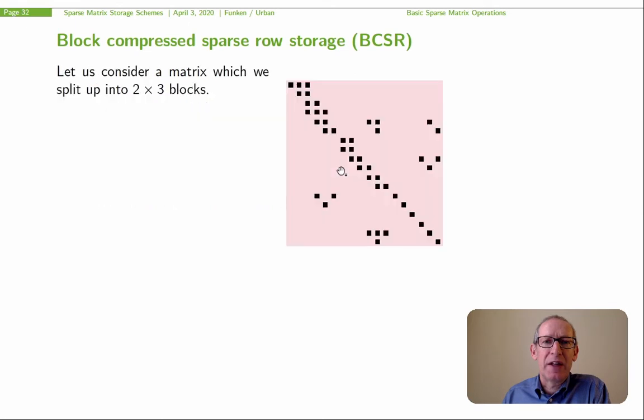So let's consider the following matrix. We subdivide this sparse matrix into m times n blocks. In our situation, 2 times 3 blocks. Most times the subblocks are 2 by 2, 3 by 3, 4 by 4, but let's stay general.